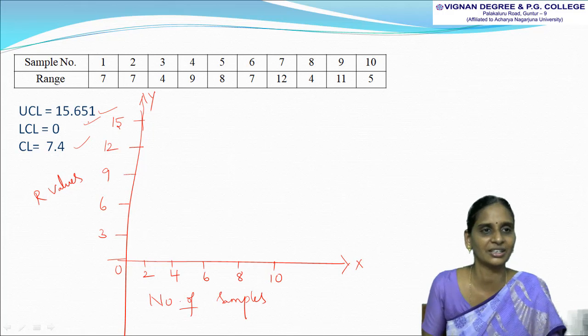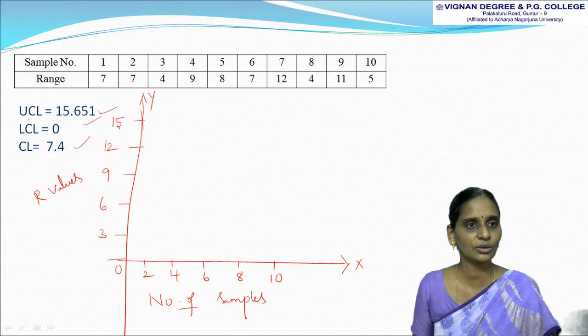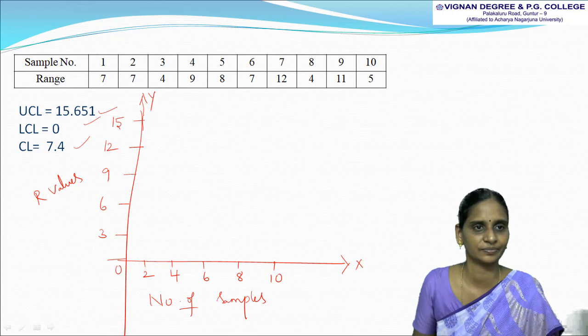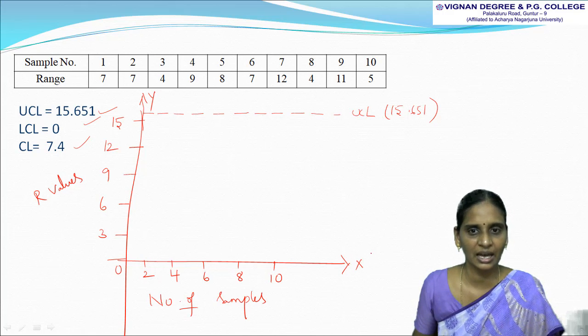Now we have to plot the UCL, LCL and CL values. So the UCL point is 15.651. So this is the UCL point. Based on that point, I have to draw a horizontal dotted line. So this is UCL, and this value is 15.651, and the LCL is 0. So the x-axis is LCL.